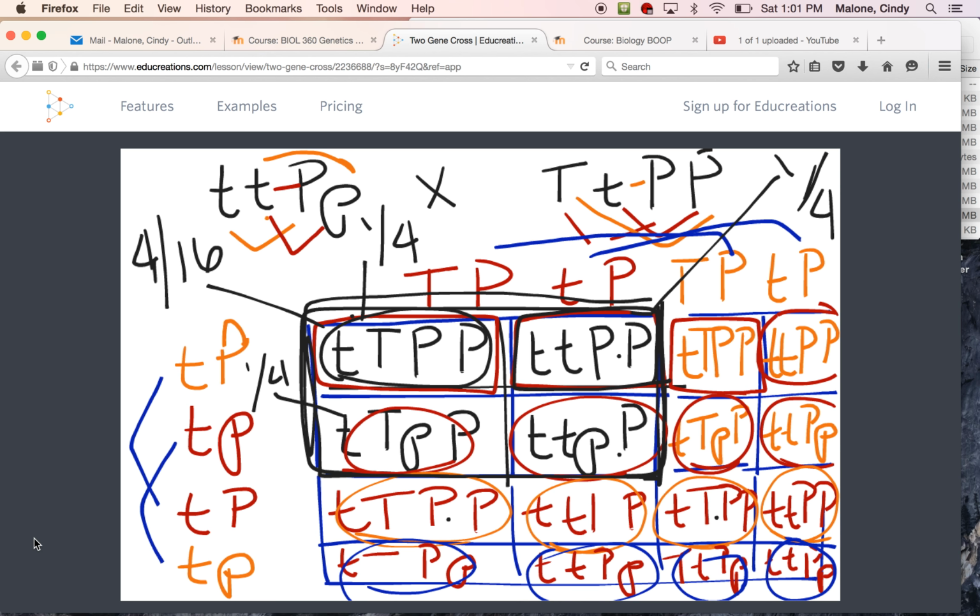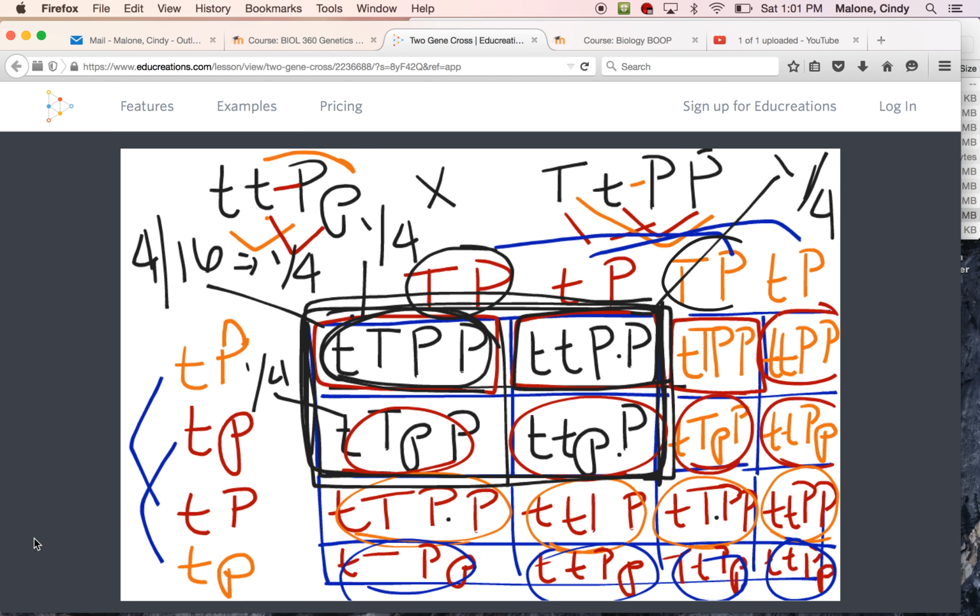Well, what is 4 out of 16? If we use lowest common denominators, 4/16 goes down to 1/4. That's what we figured out just from doing the small set, because by probability it's how many squares out of 16. So you don't have to do all of them if you have gametes that repeat themselves.